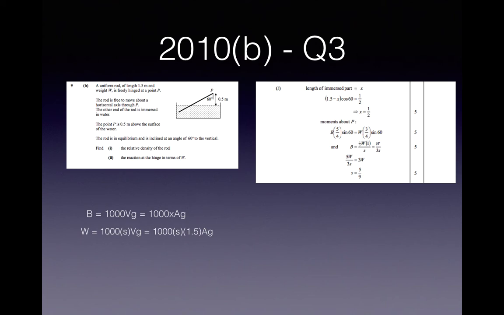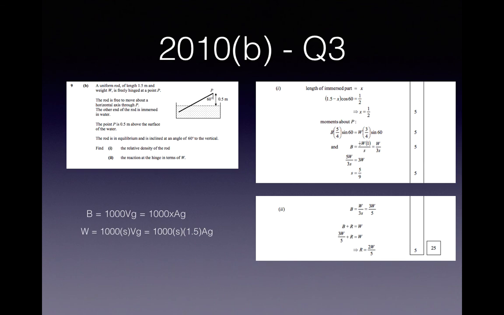The final part then is the reaction at the hinge, and this is what I mentioned previously with regard to the weight and the buoyancy being vertical. So that means the reaction must also be vertical. And the second line in that new box basically says that B plus the reaction up equals the weight. You sub in your value for B and you solve for the R. Should be fairly straightforward.